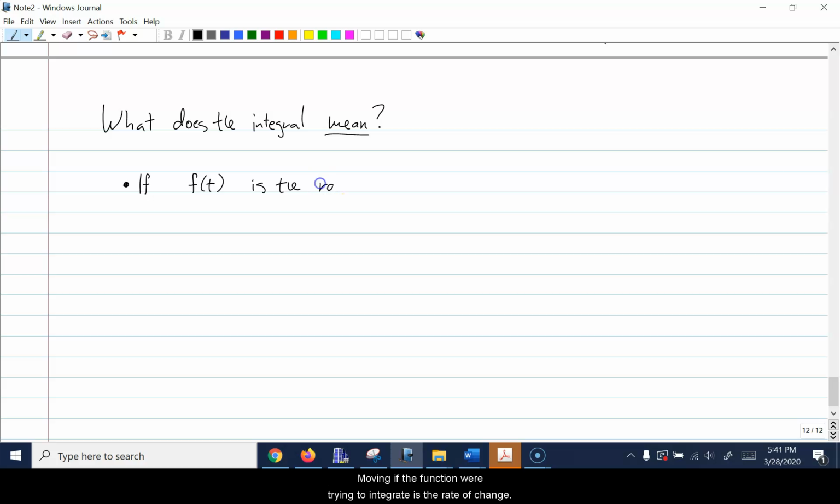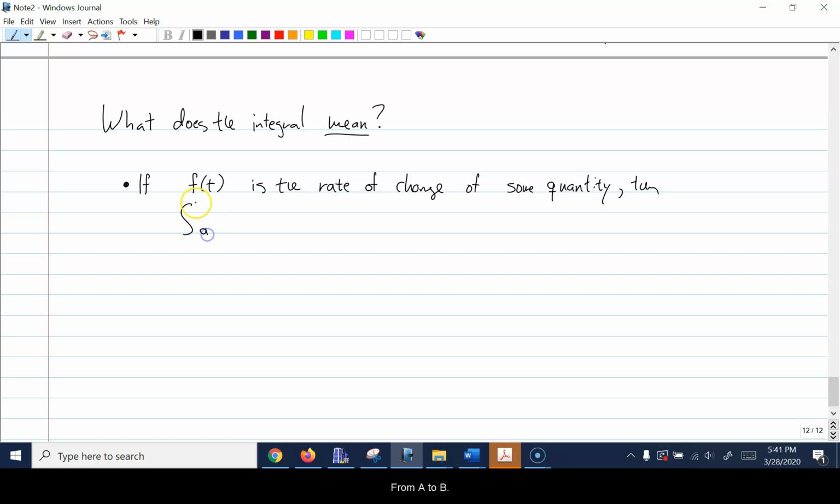If the function we're trying to integrate is the rate of change of something, then the integral from a to b of that function gives the total change of the quantity from the beginning to the end.